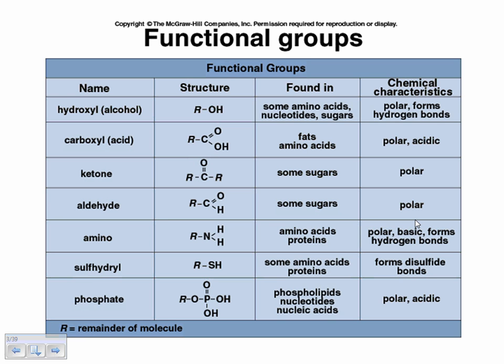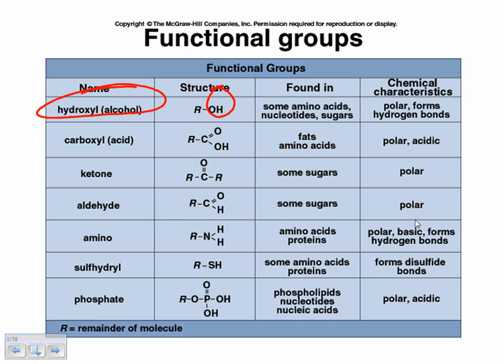The most basic functional group, or one of the most basic functional groups, is called the hydroxyl group. And that is simply an oxygen and a hydrogen atom. The R in all these diagrams stands for the carbon and hydrogen chain, the remainder of the molecule, which is carbons and hydrogens. The functional group OH is called a hydroxyl group, or sometimes it's called an alcohol group. It's found in a lot of things like amino acids, nucleotides, the building blocks of DNA and RNA. It's also found in a lot of sugars, like glucose, for example.